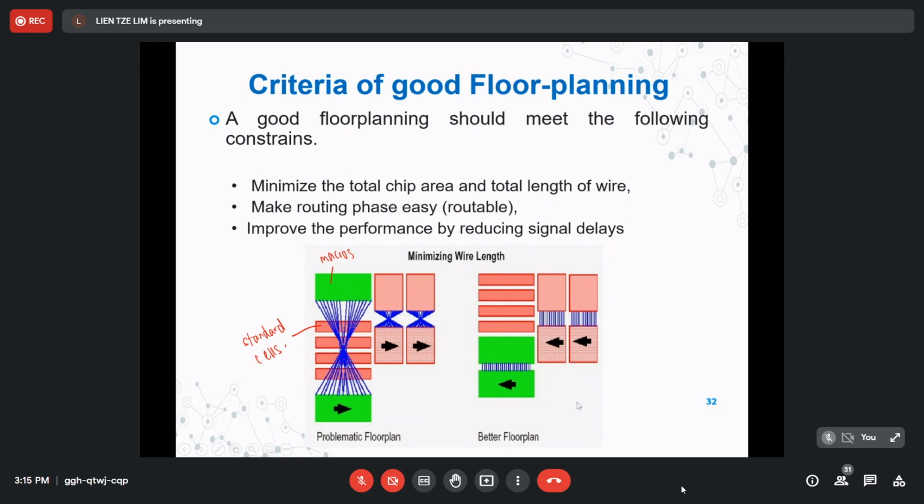For standard cells as well, they can be rearranged in a different alignment, or orientation. This is also a macro.